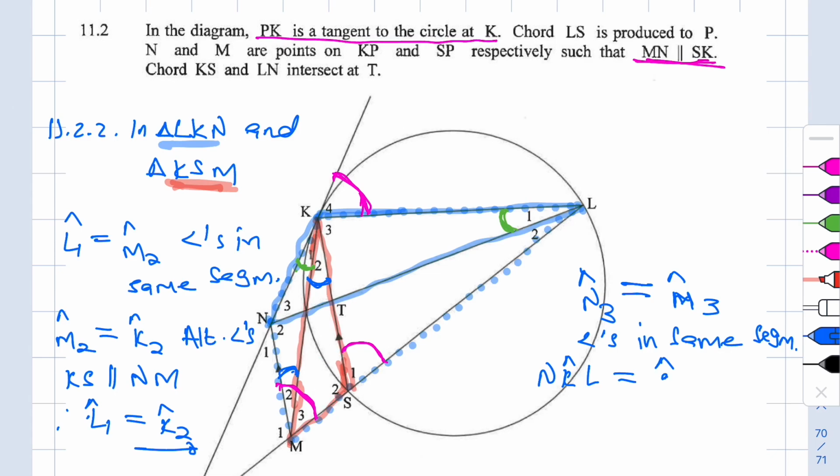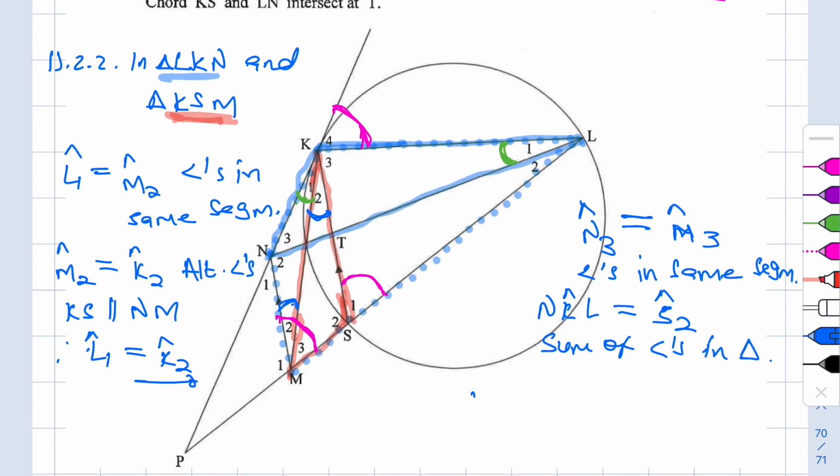The reason is the sum of angles in a triangle. Then we can say, therefore, triangle LKN is similar to triangle KSM. That's angle, angle, angle.